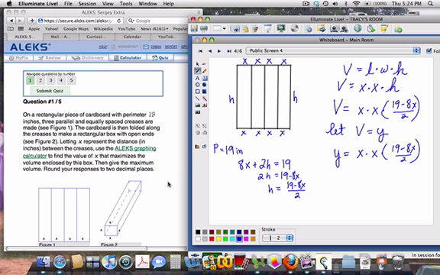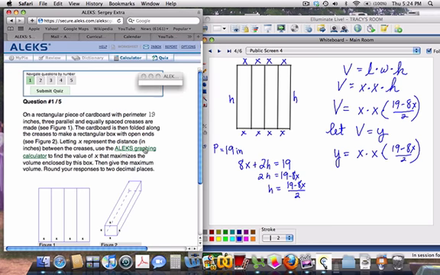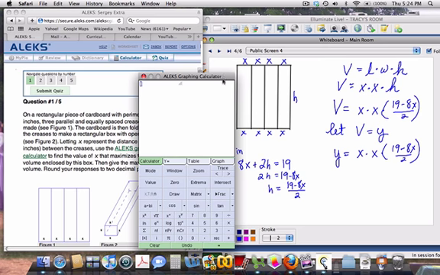And then we go to the graphing calculator, and we need to plug this information in. So y equals, click on that, and say x. If you want to just say x squared, I'm just going to do that. And then parenthesis, 19 minus 8x, and you could do that a couple of different ways.